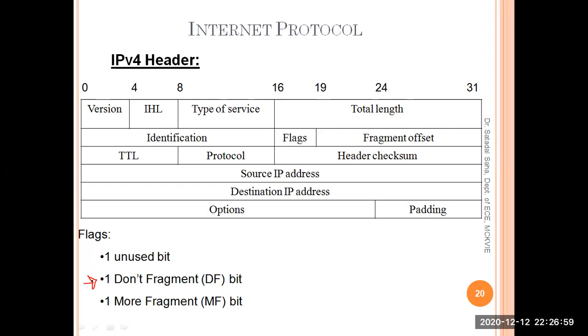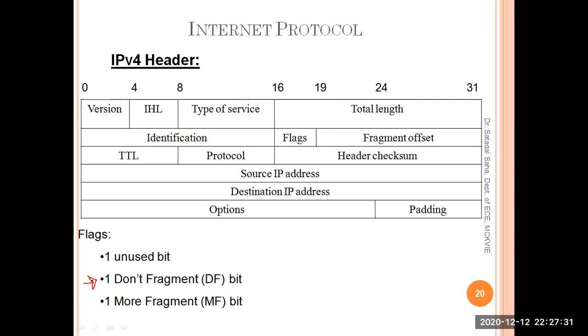In this case, if the router is not capable of sending the whole packet without fragmentation, it discards the packet and it sends a signal to the source. But if this DF bit is reset, that means it is 0, that means there is no instruction from the source side. In that case, the router fragments the packet as per the requirement. So if the DF bit is set, it is an instruction by the source that don't fragment the packet.